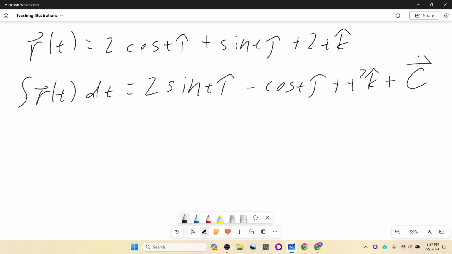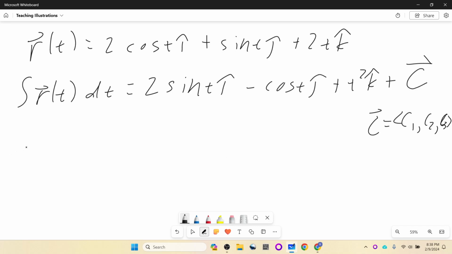The constant will in fact be a vector at this point because r is a vector function. You could write c as c1, c2, c3 if you like. Sometimes we will have to find out what the c's are.